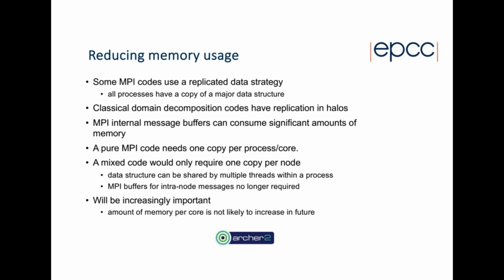So there are limits to how much memory you can practically put into a node, and the amount of memory per core is not really likely to go up anytime soon.